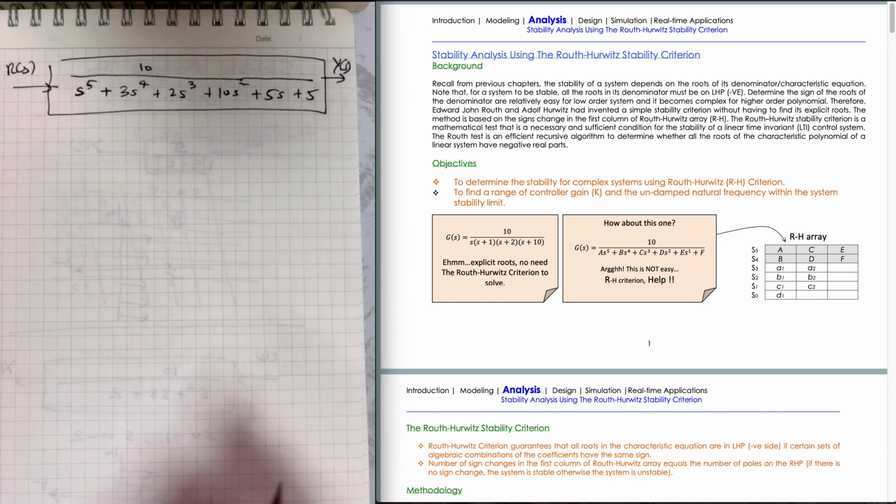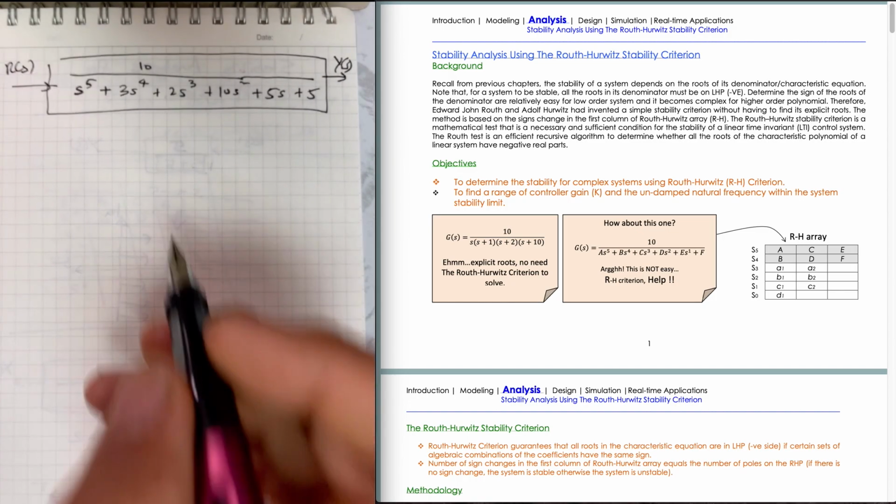In those days, before the computer era, scientists depended on hand calculations. Even then, they invented methods to determine the stability of the system.